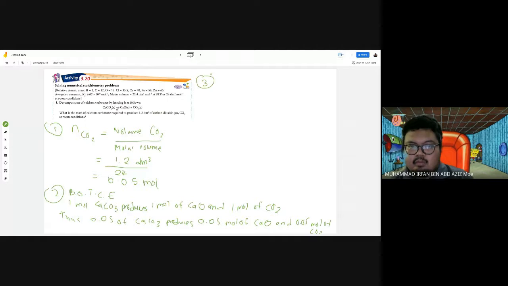So, for the third step. Step ketiga. Okay, disuruh calculate apa? Mass of calcium carbonate. So, what is the next step? Step 3. How do we find the mass of calcium carbonate?